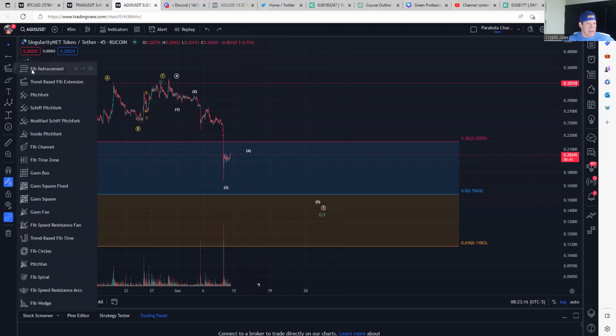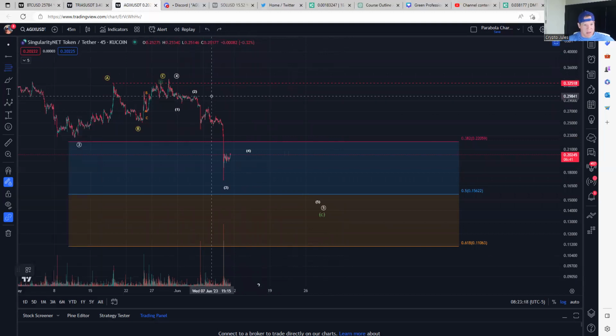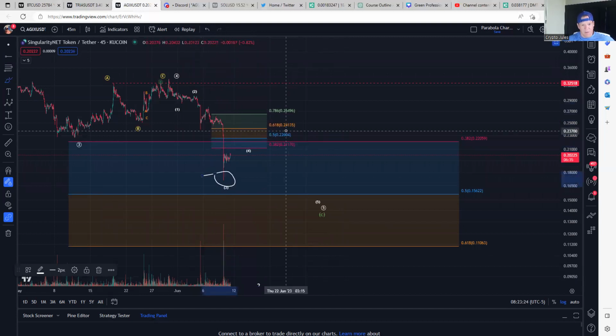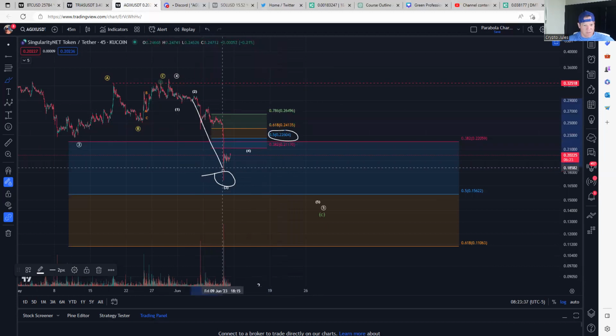What would invalidate this, or signal that the bottom could potentially be in, would be a break above around 22 cents. Typical 4 waves retrace 38.2% to 50% of their wave 2.